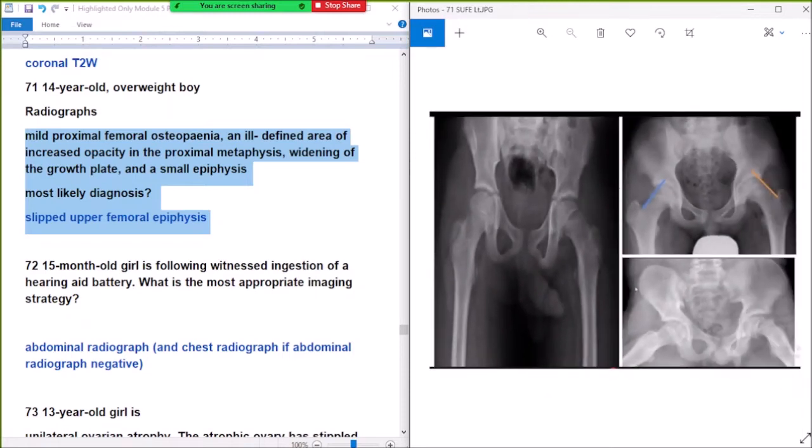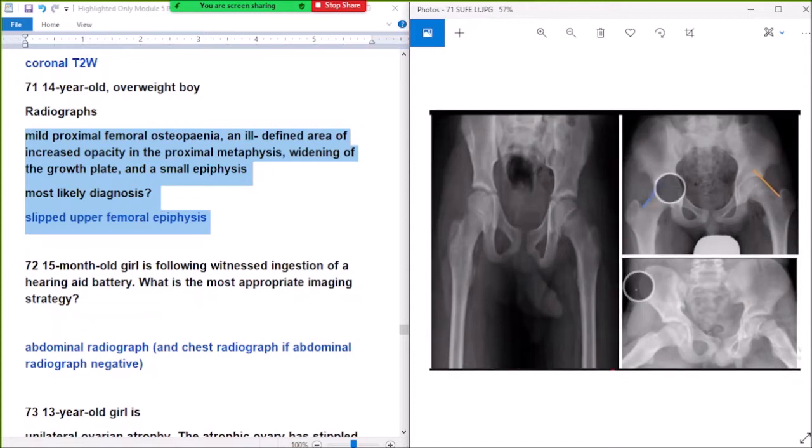Most likely diagnosis: slipped upper femoral epiphysis. We can get disruption of Klein's line, Shenton's line, and Hilgenreiner's line. So the diagnosis is slipped upper femoral epiphysis.